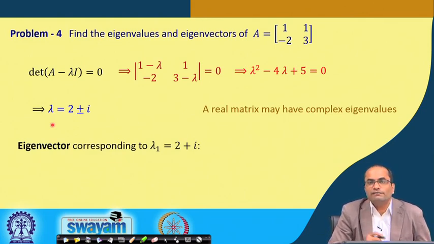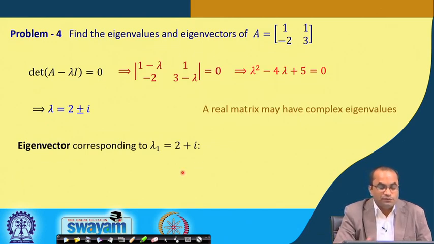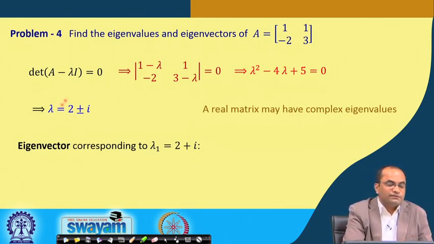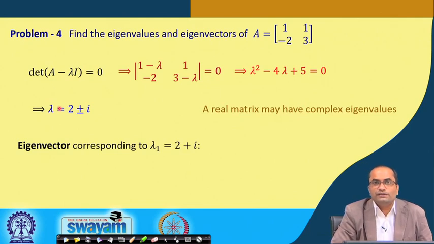We have one eigenvalue 2 plus i, another one is 2 minus i, and we will see later on that these eigenvalues will always appear in conjugate form, as the roots always appear there, and not only that, we will have something more interesting for the eigenvectors corresponding to these conjugate eigenvalues.